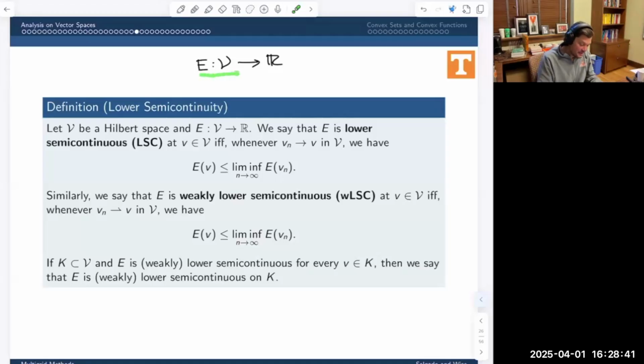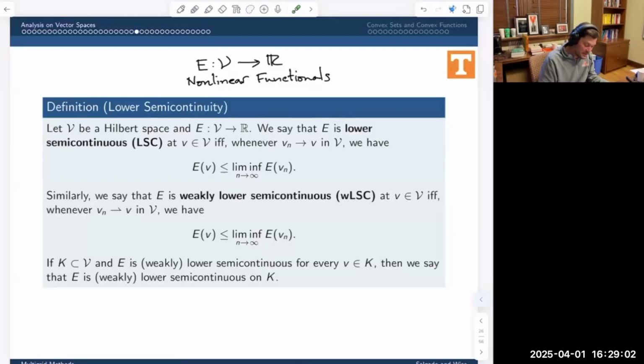This gives rise to something called a nonlinear functional. That's what we're going to be mostly interested in for the rest of this section: nonlinear functionals and their differentiability and convexity and things like that.